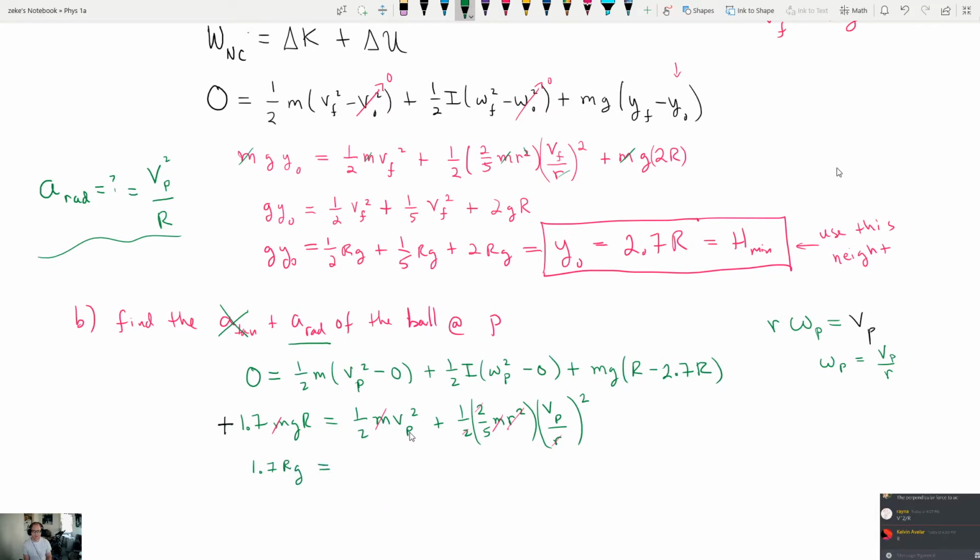We have 1/2 Vp squared plus 1/5 Vp squared. So that means that Vp squared, which is what we care about because we're finding radial acceleration, is equal to... what's the easiest way to do this?